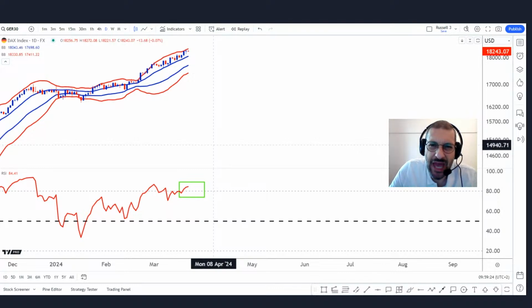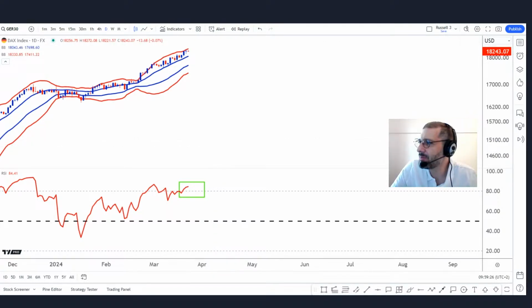Let's just see what's happening on the hourly chart as we head towards the cash open. So we've got less than a minute towards the cash open. Let's just bring up DAX on the hourly. Okay, here's DAX on the hourly. There does seem to be support for the DAX today.